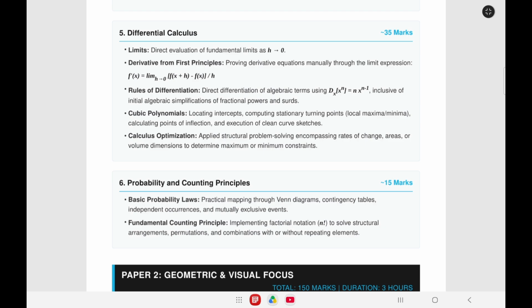You have cubic polynomials, locating intercepts, computing stationary turning points, calculating points of inflection, and execution of clean curve sketches. You also have calculus optimization, applied structural problem solving, encompassing rates of change, areas, or volume dimensions to determine maximum or minimum constraints.